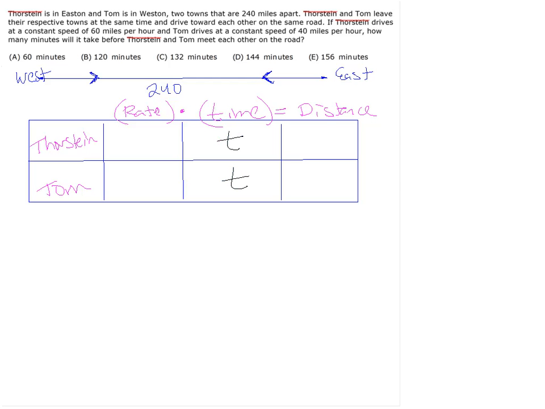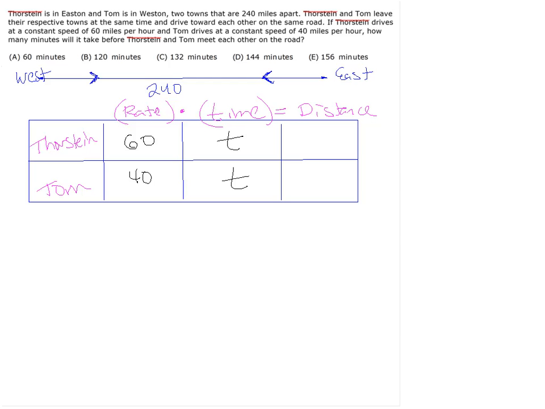Now, we are given Thorstein's rate: 60 miles per hour. We're given Tom's rate: 40 miles per hour.